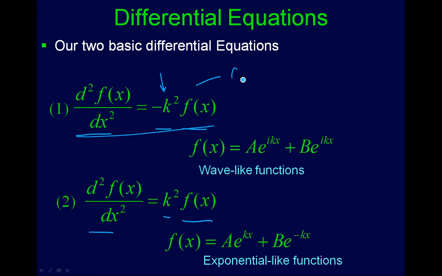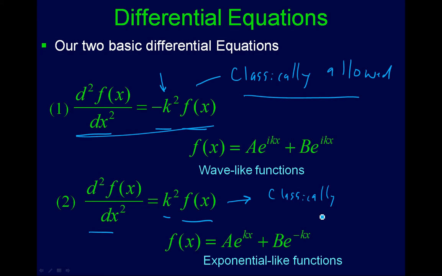This one we had listed as the classically allowed regions. So this is our equation when we're in a classically allowed region, and this is our equation, if you remember, when we're in the classically forbidden region.